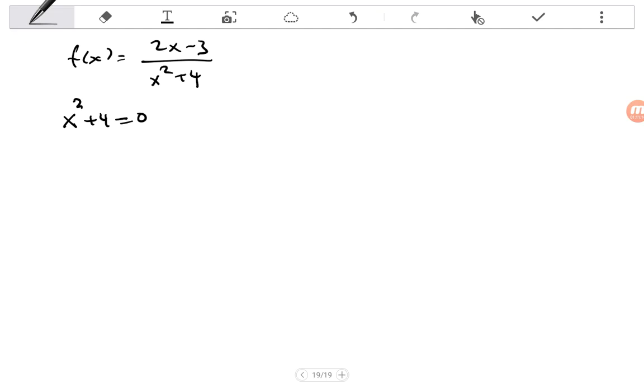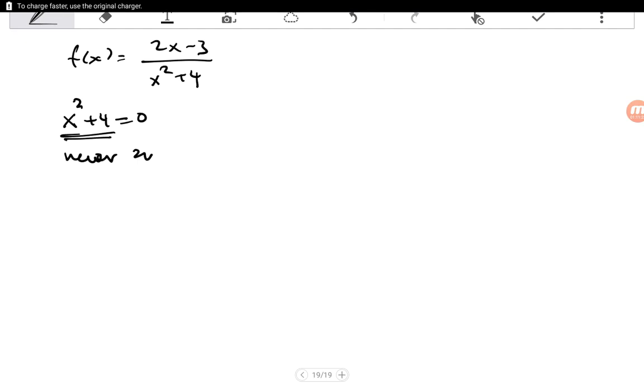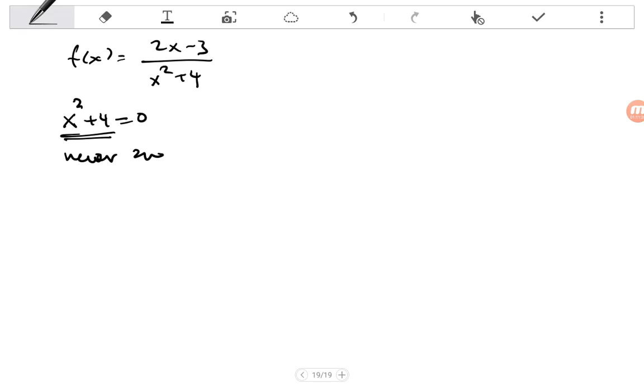We don't have any values for which x^2 plus 4 is equal to 0. So that is never 0. So what is the domain of this function? It is all R. There are no exclusions. Why? Because the solution of this equation is the empty set. It has no solution.